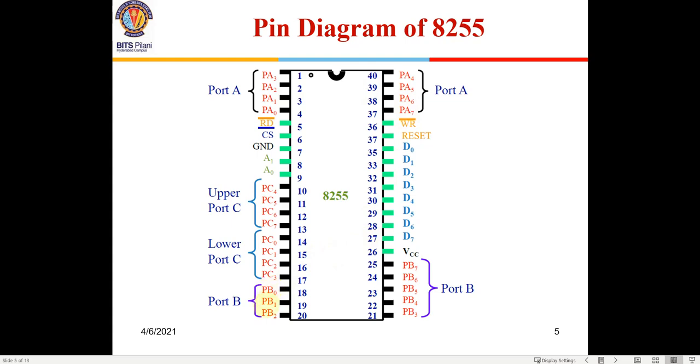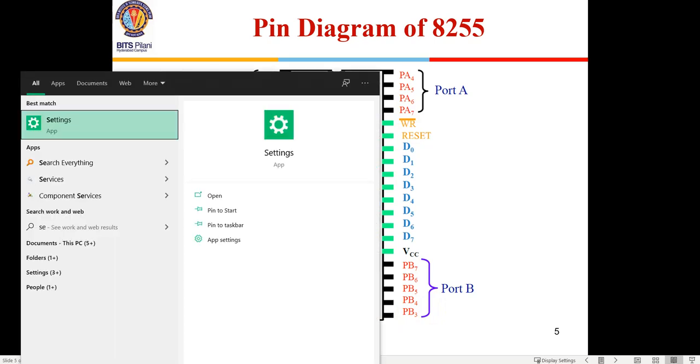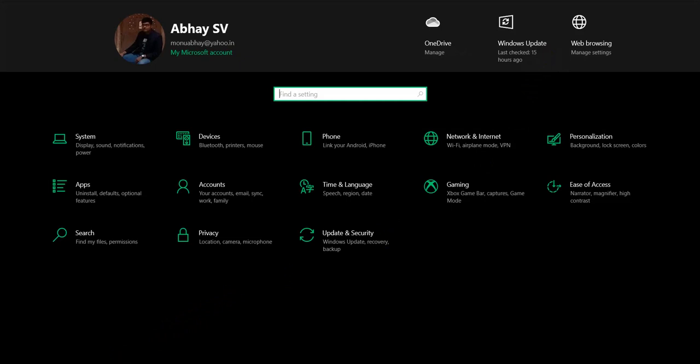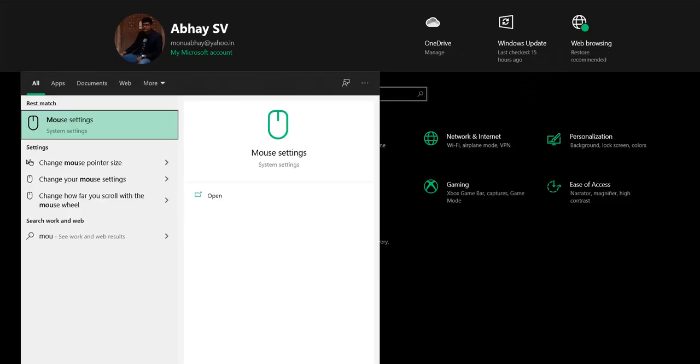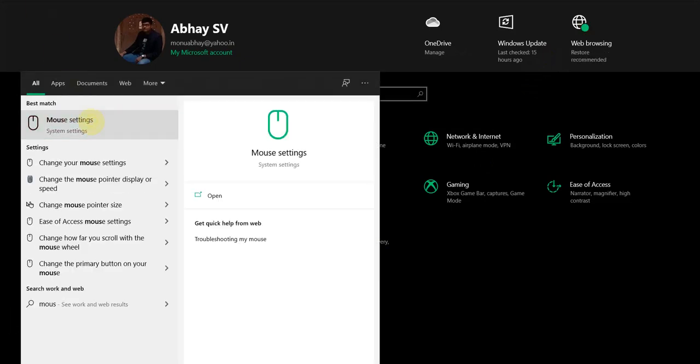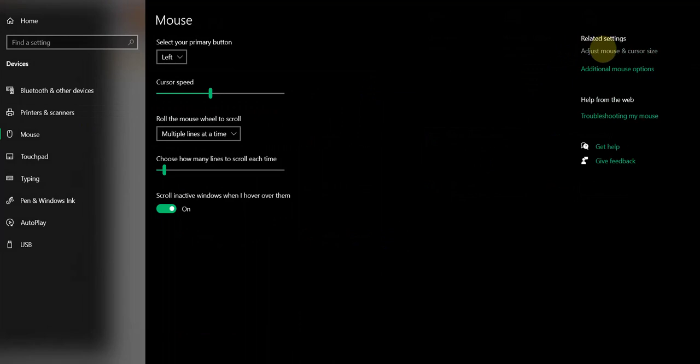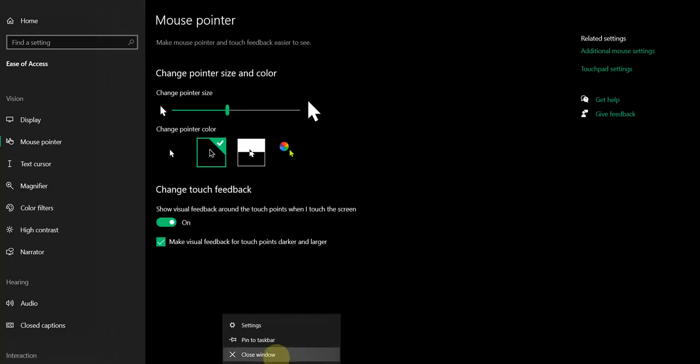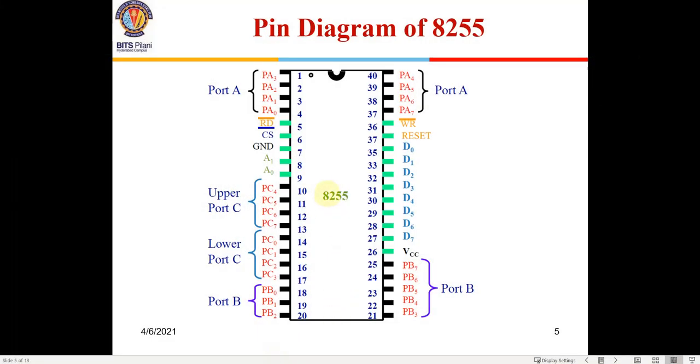Similarly, you have port B here, P0 to P7.